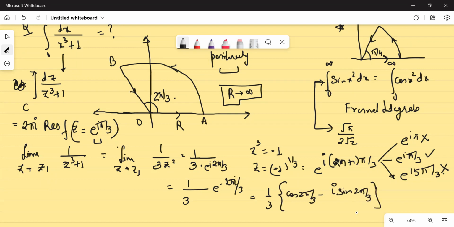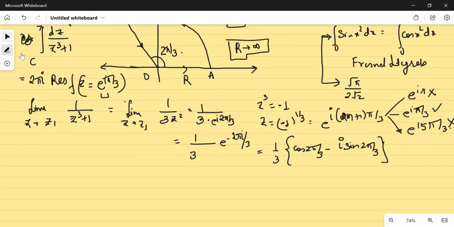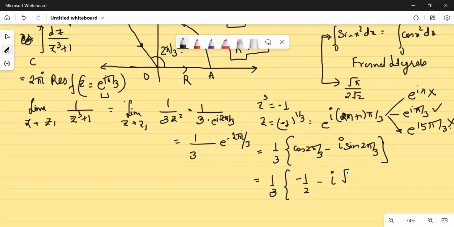And cos 2 pi by 3 is cos of pi minus pi by 3, so it gives 1 upon 3, and cos is negative, so it will give you minus 1 upon 2. So this is what you get, and this is all multiplied by 2 pi iota.